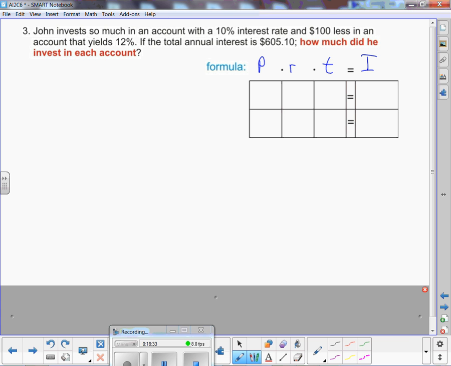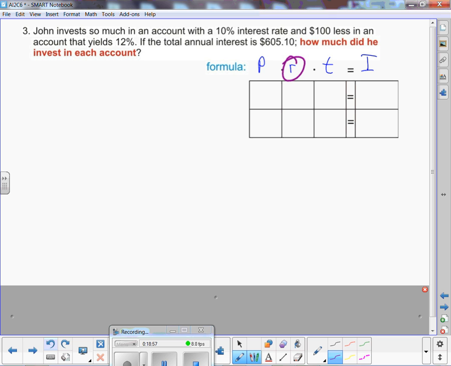Just a quick reminder, what is the principal? That's the amount invested or the amount borrowed. Rate is the interest rate, usually an annual rate, might be called the APR, and percents are always in what form in formulas?